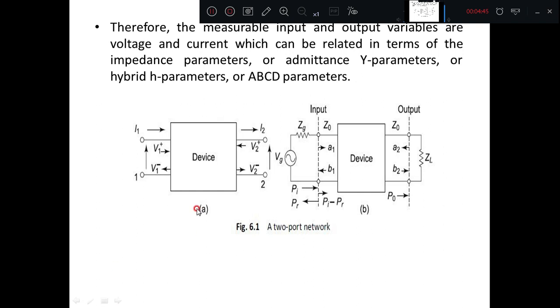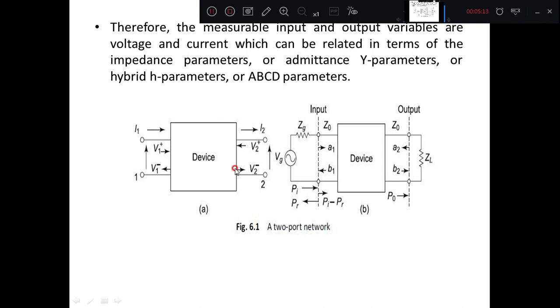For any two-port device, as you know, the voltage and current variables are related through various parameters like the impedance parameters, that is Z parameters, admittance parameters, that is Y parameters, hybrid H parameters, and also ABCD parameters. These ABCD parameters are also known as the transmission parameters, right?